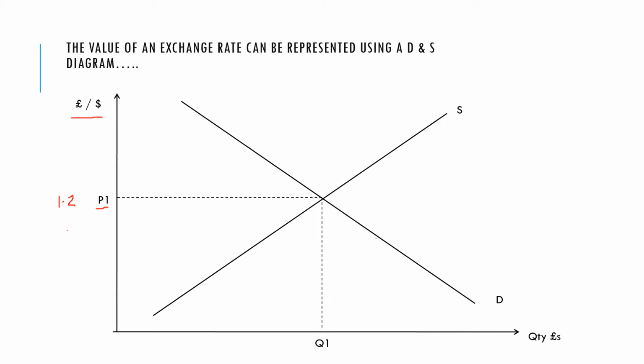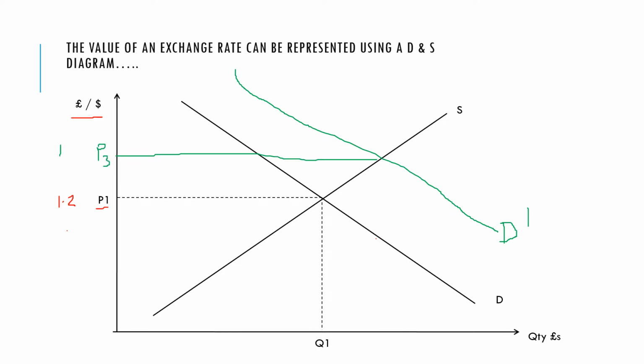That extra demand for pounds in the foreign exchange market means I would see an increase in demand. And the impact of this is that it would raise the price here to P3. So now £1 might actually be worth $1.30. So we can use demand and supply diagrams to illustrate what's happening in foreign exchange markets.